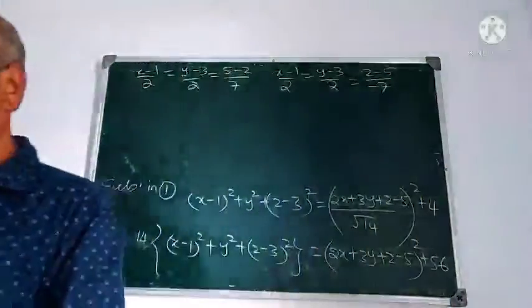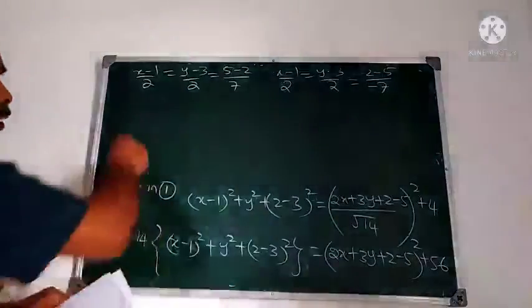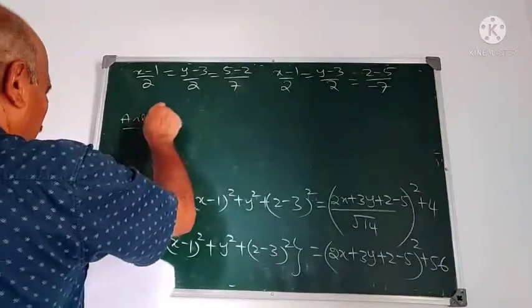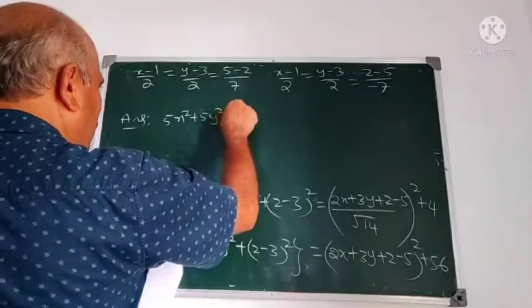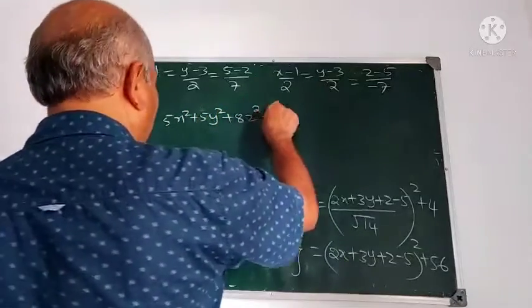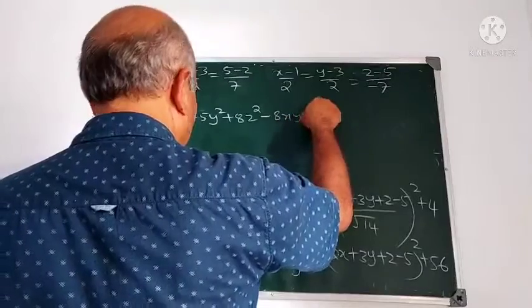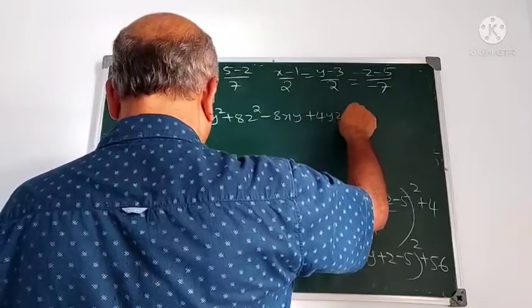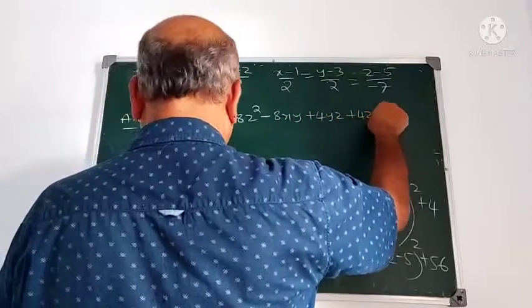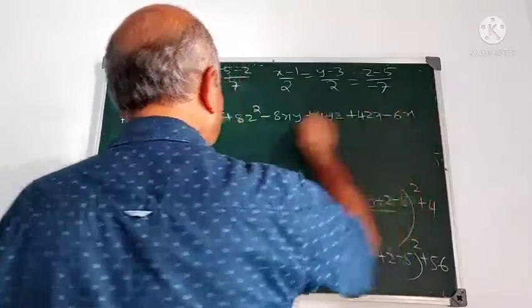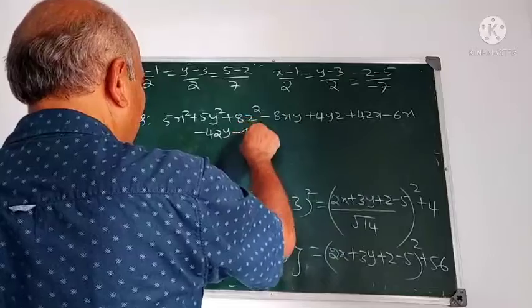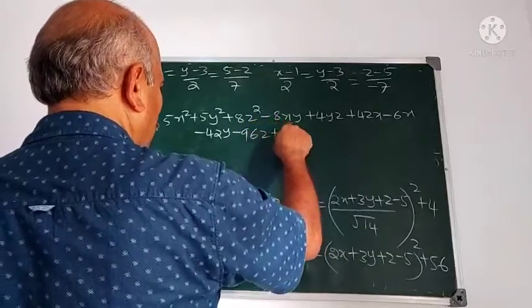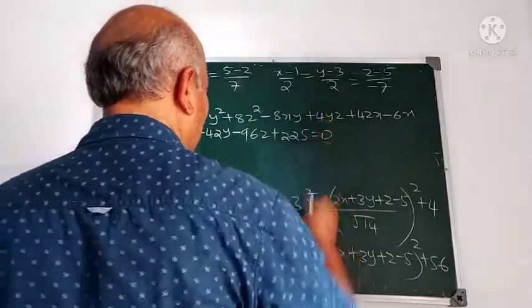The problem is exactly similar. You try this, but the answer is given like this: 5x square plus 5y square plus 8z square minus 8xy plus 4yz plus 4zx minus 6x minus 42y minus 96z plus 225 is equal to 0.